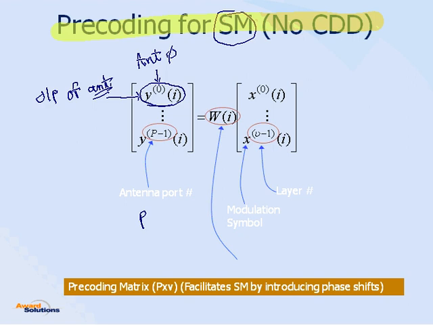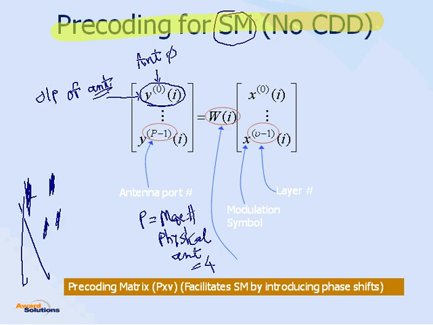P is the maximum number of physical antennas that we have. So let's say I have 4 antennas at the base station, 1, 2, 3 and 4. In that case, my P will be 4, so I will have 0, 1, 2 and 3. I will have 4 different pieces of information going over 4 antennas. That's what is specified by Y.